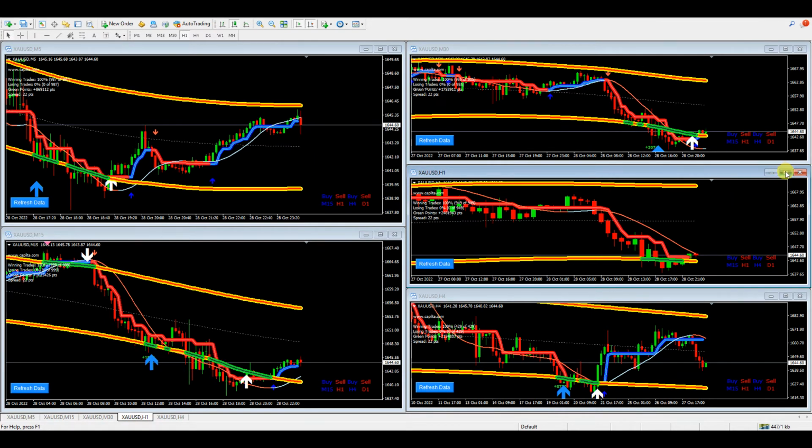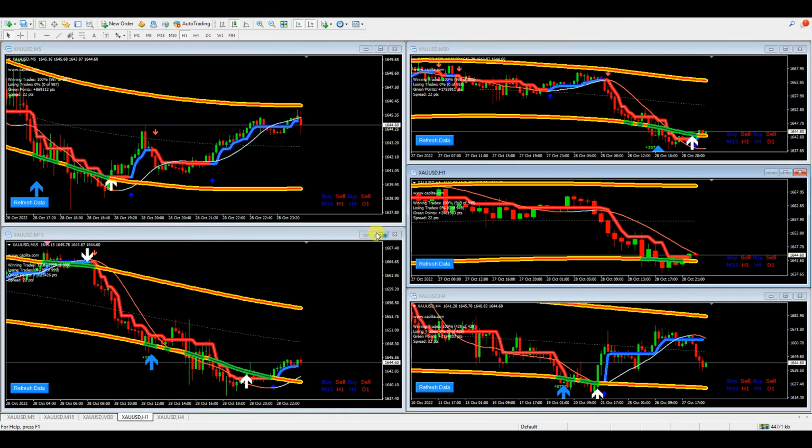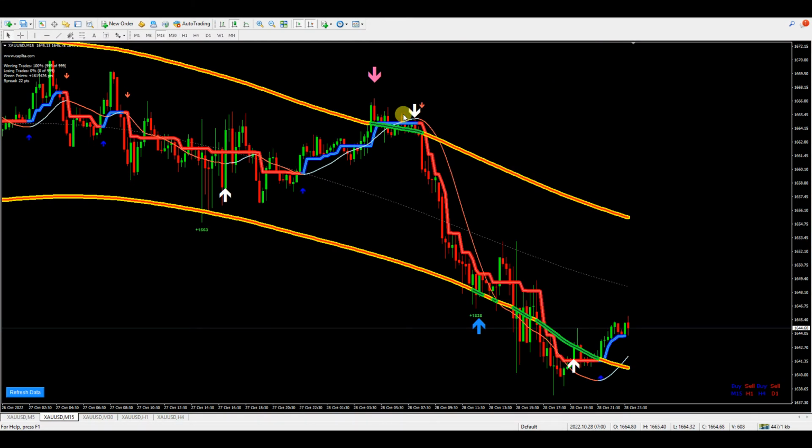So if we got a sell here and the market went up, which was a pullback of 380 points, and then we got a sell on M15 somewhere in this area, we take the sell, and then the market goes really in our favor.